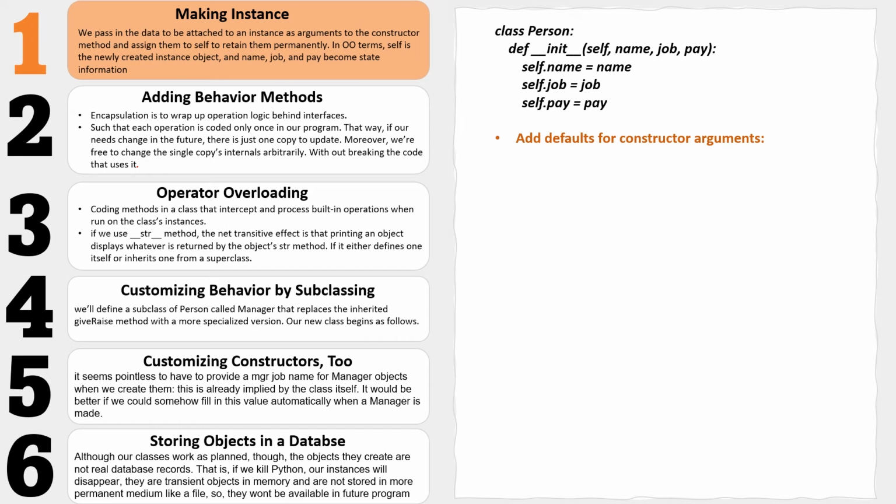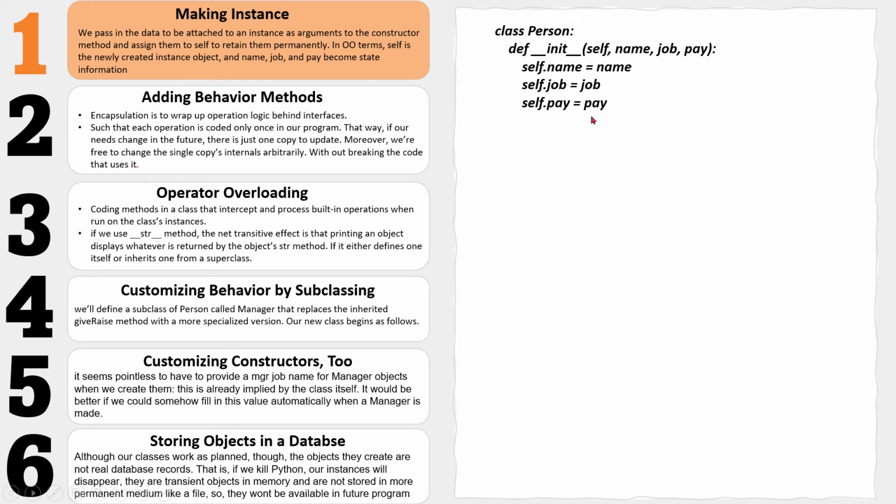Now notice the argument names appear twice here. Here you see self.name equals name, self.job equals job, self.pay equals pay. This code might seem a bit redundant at first sight, but actually it is not.